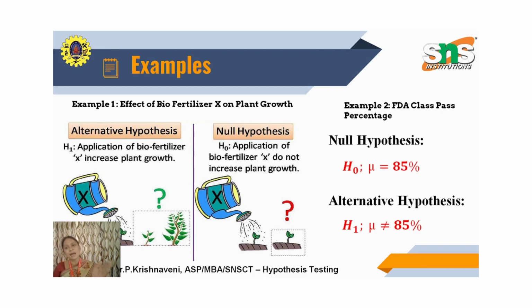And in the other way, the sample proportion and the mean proportion are one and the same, and there is no significant difference between the average mark scored by the sample students and the actual mark of the students. These are the other ways we can do it. Here the mean value will be taken.